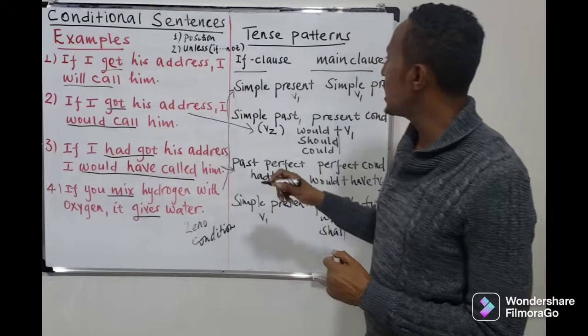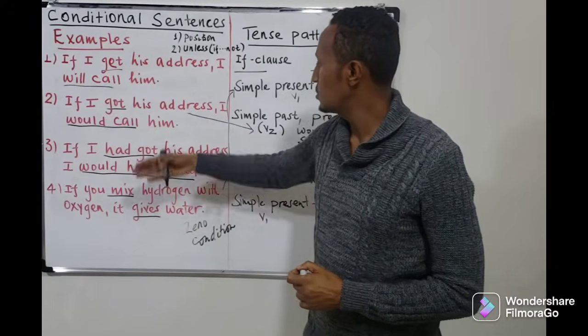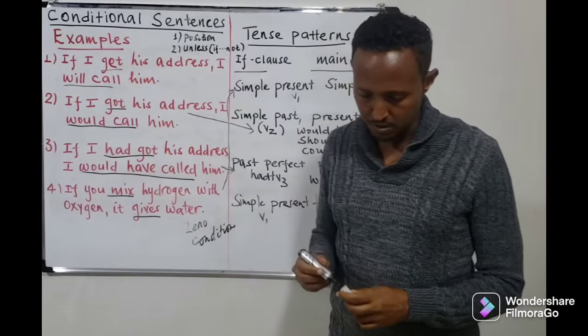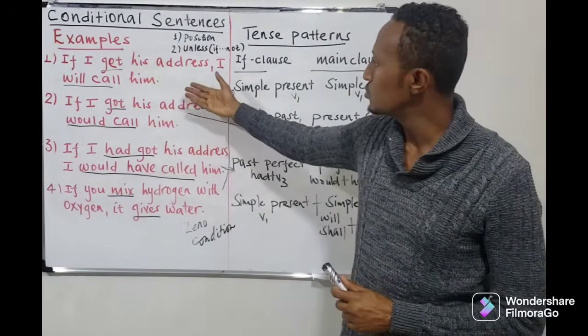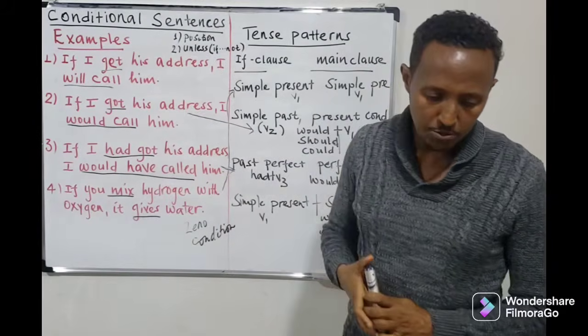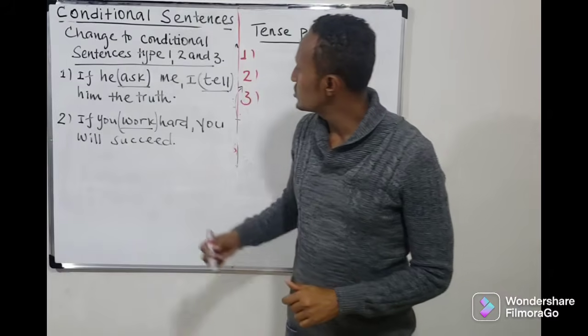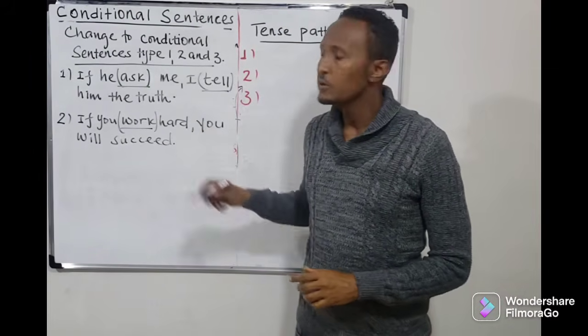But the remaining are conditional sentence type 1, type 2, and type 3. Now let's see the two examples and the way we change them into conditional sentence type 1, type 2, and type 3. Okay, let's do the first one together and leave the second for you.